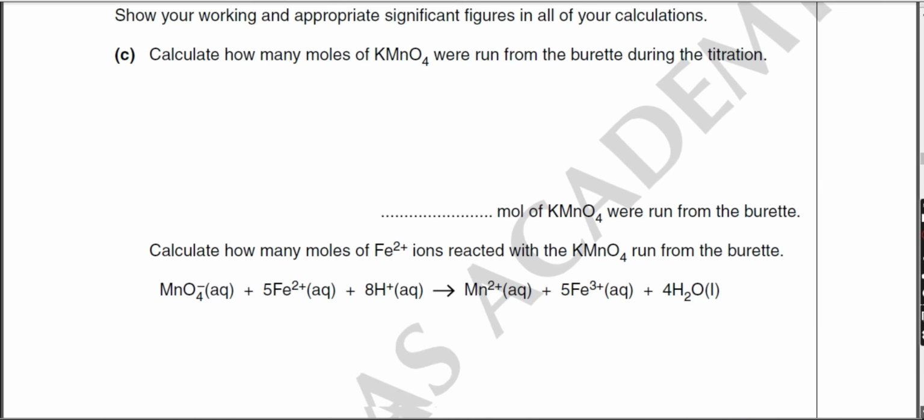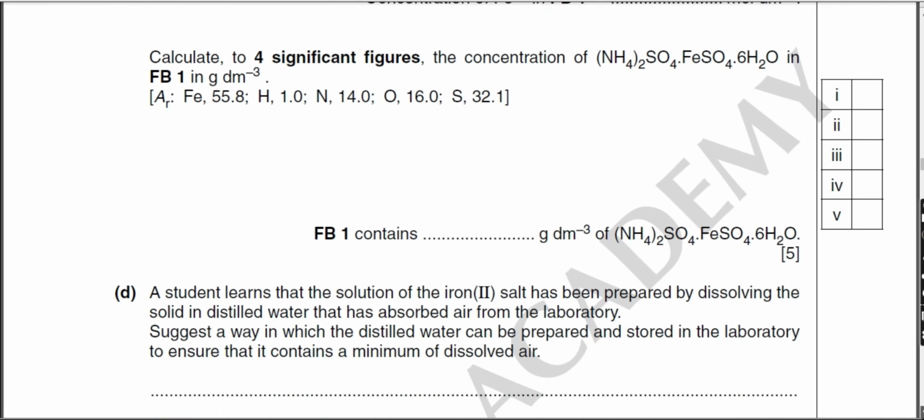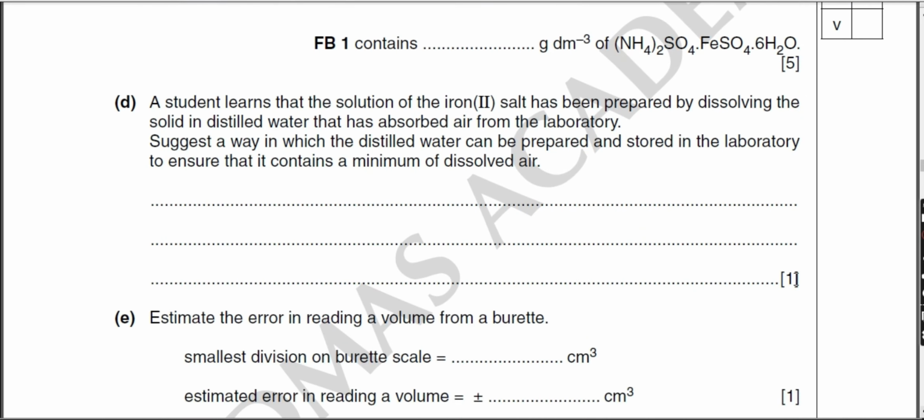What was the purpose to show this? The purpose of showing this type of question is that I'm going to solve some related questions like this. He says that a student learns that the solution of iron(II) salt has been prepared by dissolving the solid in distilled water that has absorbed air from the laboratory.